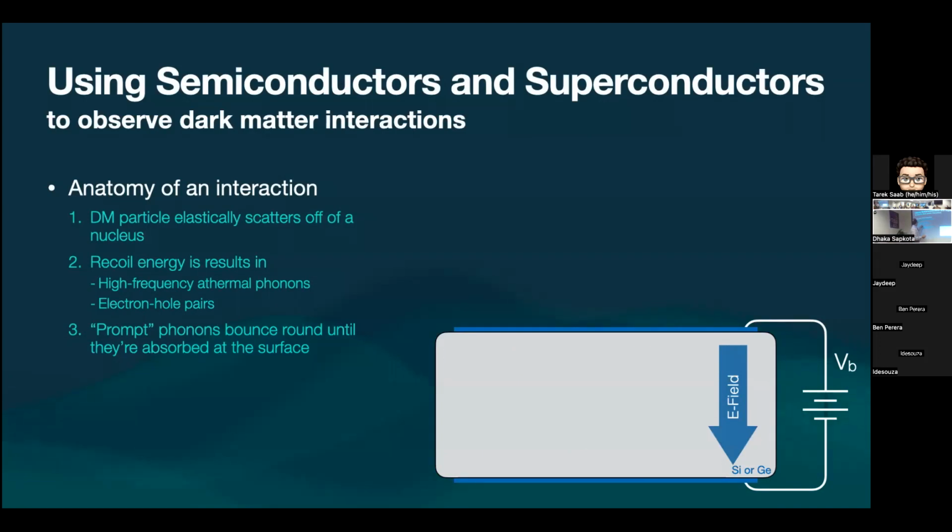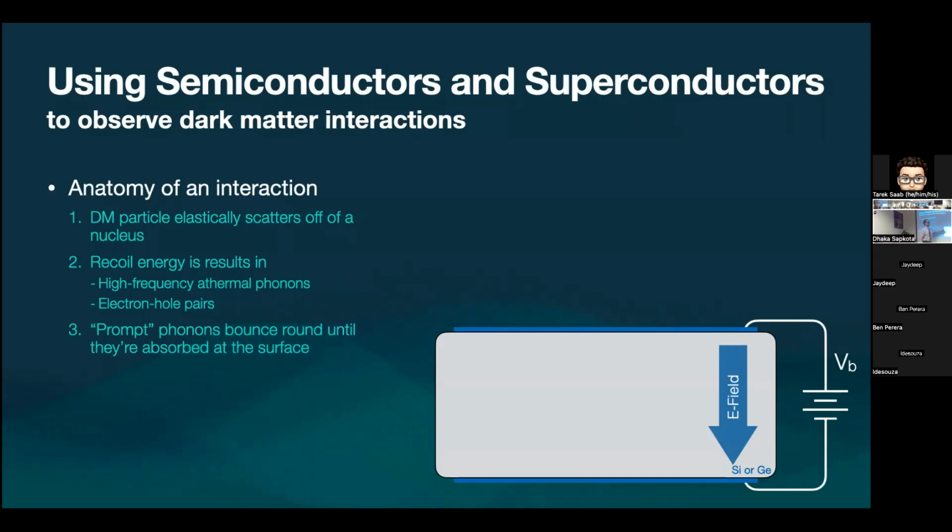The nice thing about doing it this way is the phonon channel is purely dependent on the recoil energy of the atom. It just measures the total energy that you imparted to your atom. It doesn't matter what kind of particle there was. The electrical channel, the electrons and holes, the amount that you produce is proportional to the energy you deposit, but some particles are more efficient at producing ionization than others.